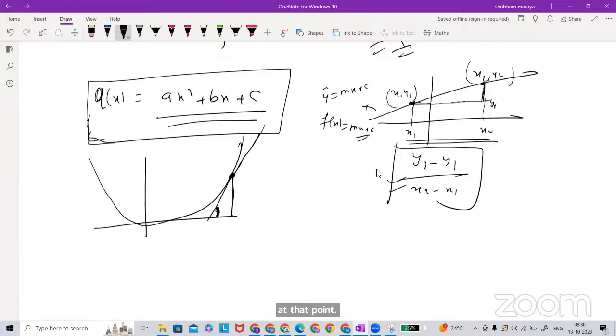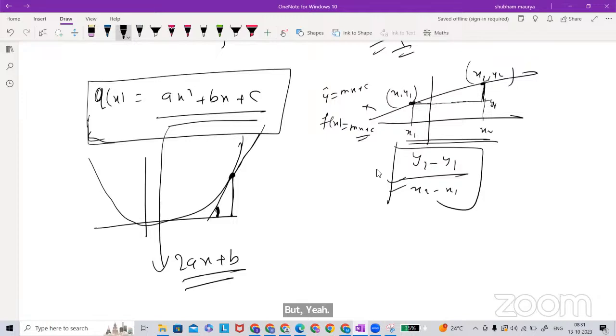And how could it be generated? Just use the formula, which is 2ax plus b. But once you know calculus, it is the same thing.